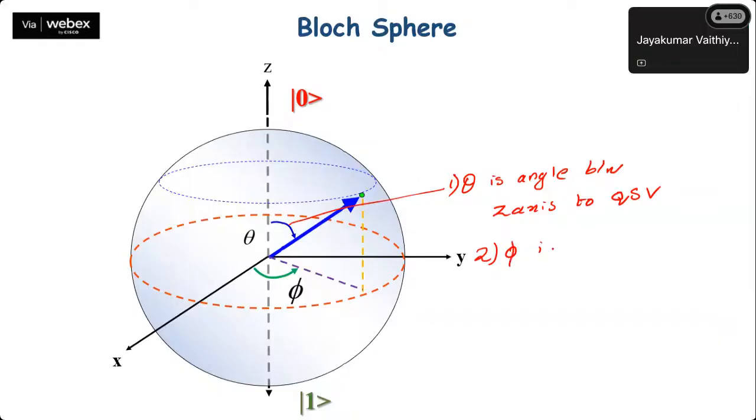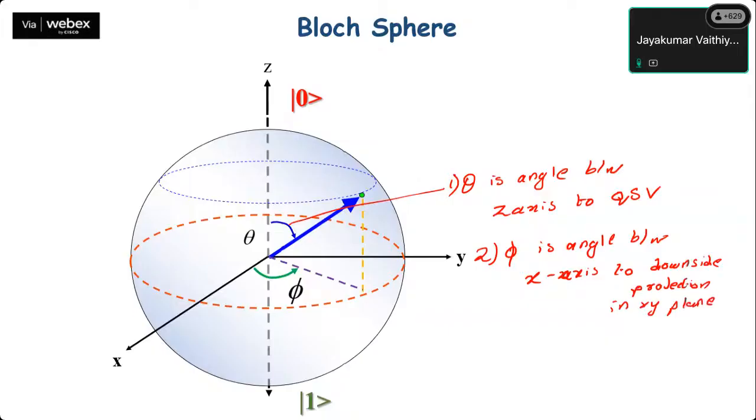Psi is the angle between your x-axis and the downside projection in the xy plane. So this is for your understanding. I'm writing so you can remember.